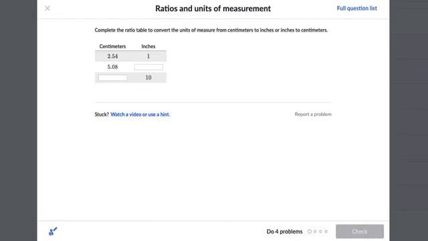So let's take a look at this example. This problem asks you to complete the ratio table to convert the units of measurement from centimeters to inches, or backwards from inches to centimeters. So this is what we mean by, it's really the same thing, we're just writing it differently.